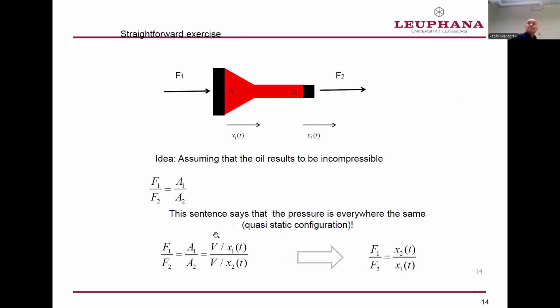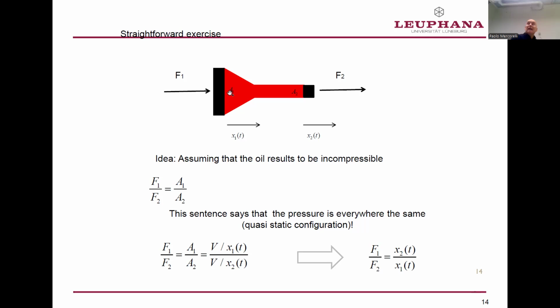Now, if I divide this volume, which is equal, by the corresponding linear movement, x1 and x2, of course, I can cancel the volume. Again, A1 is equal to the volume which I'm moving divided by the linear moving part, x1. It is different from x2 because we have a different A1 and A2.